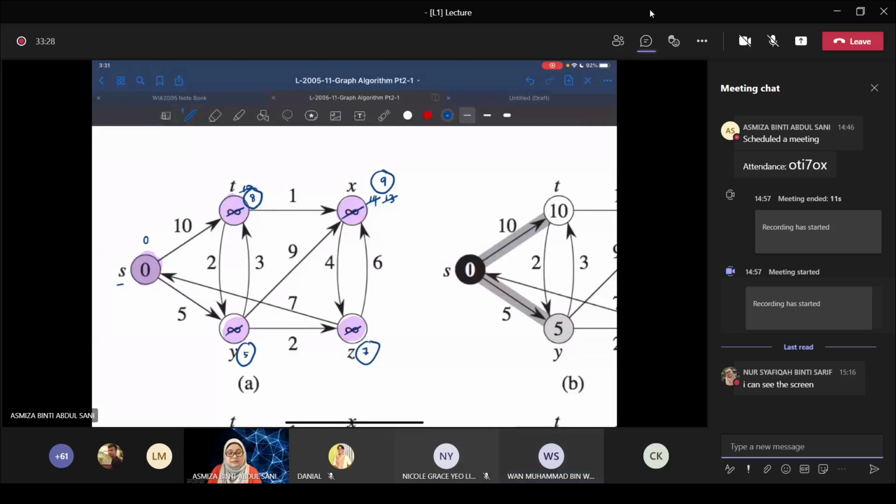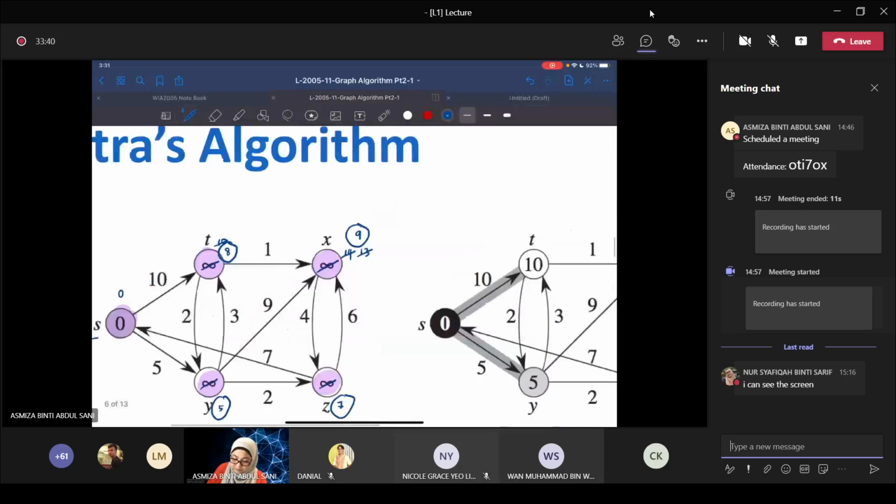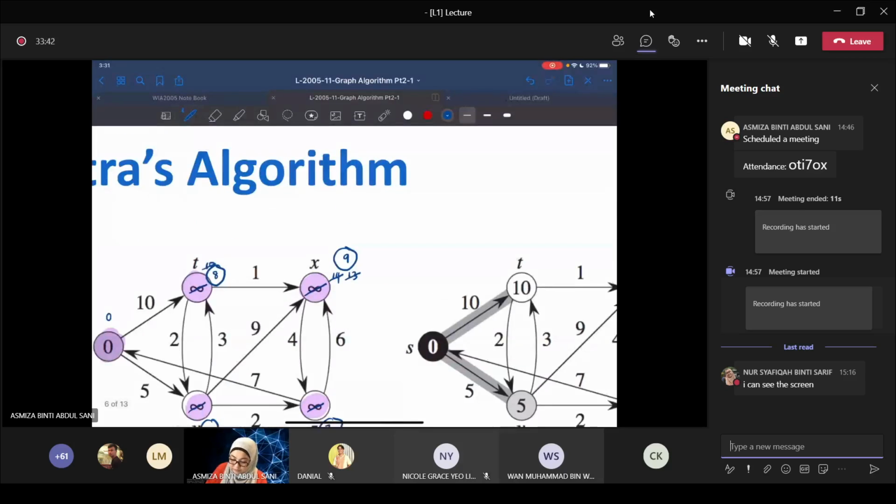Relaxation is just you are trying to update the shortest path that you can go to that node through the previous node. If you remember when I mentioned the definition of U and V with this edge.